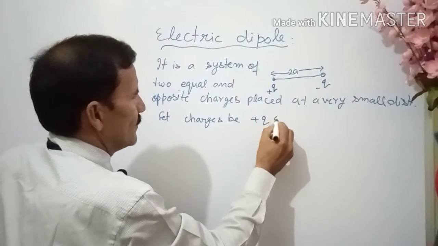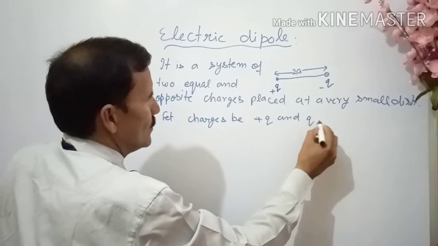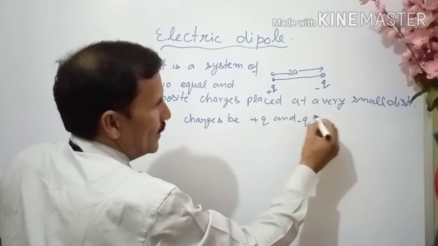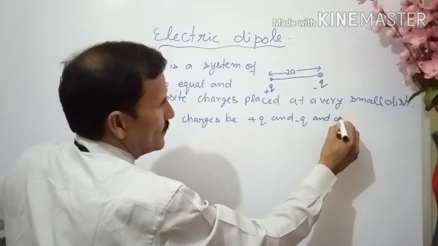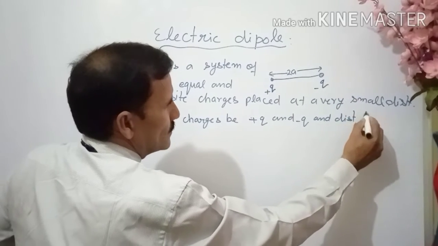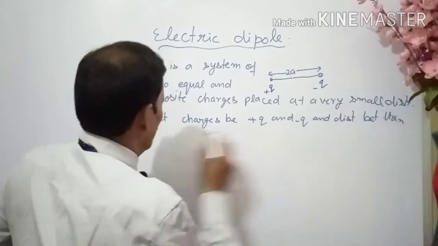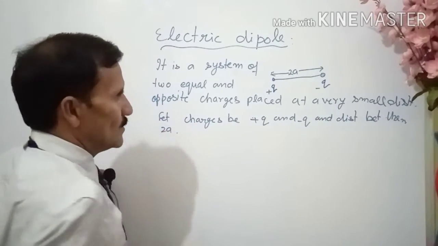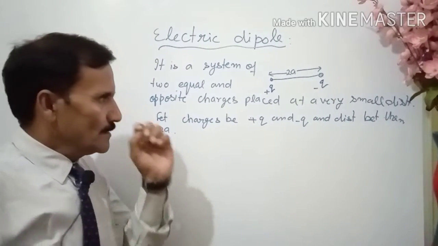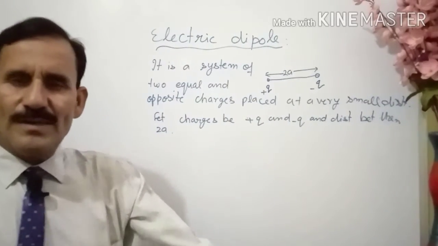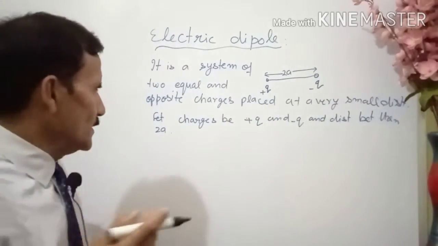plus q and minus q, and the distance between them is 2a. Then we are going to define another quantity.